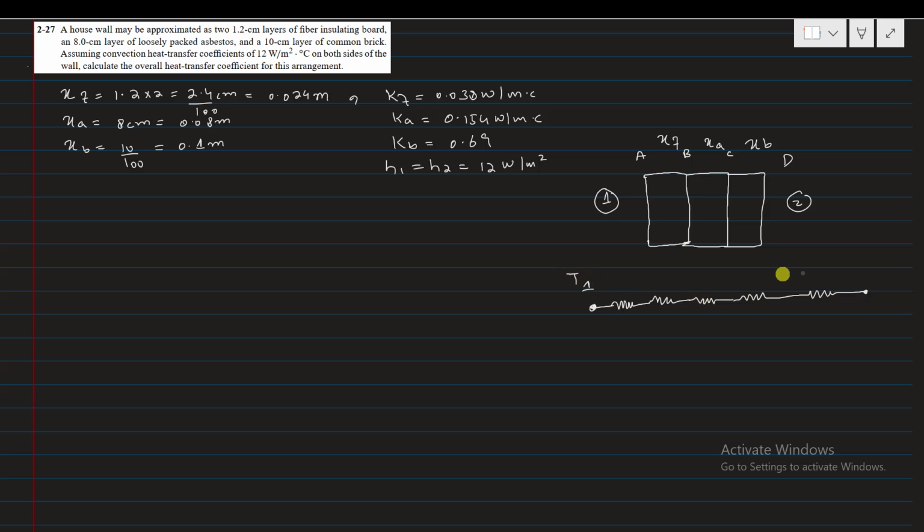The surrounding temperatures T1, T2 are not given, so they are not our concern. We have to find the overall heat transfer coefficient for this problem. So here the resistance will be R1, here the resistance is RF, here the resistance is RA, this is RB common brick, and this is R2.